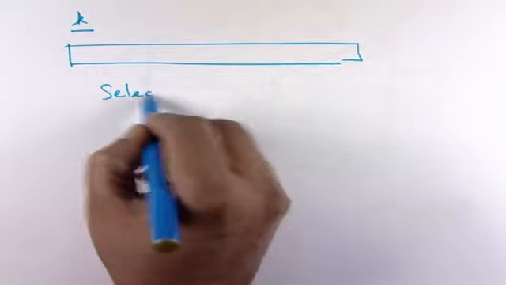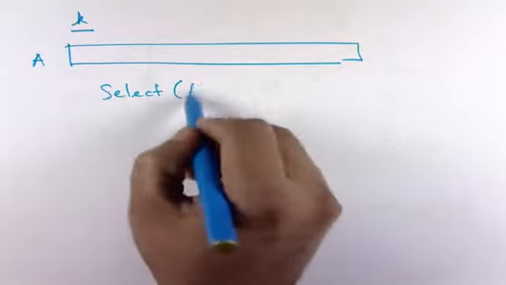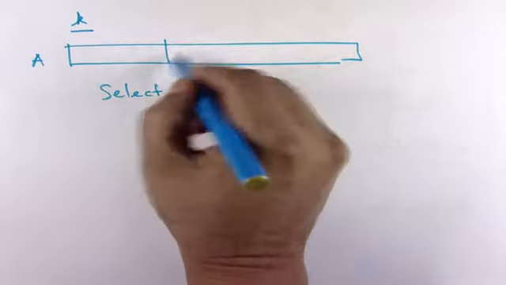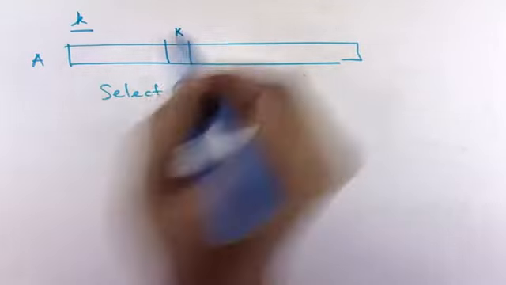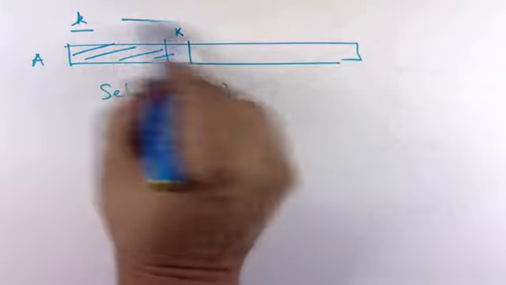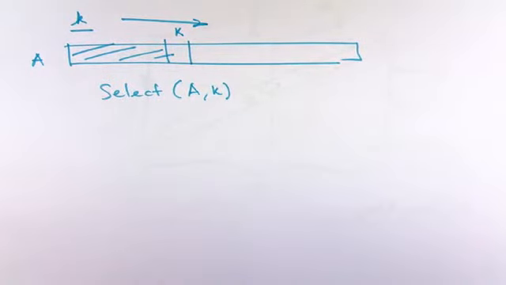I will use the select algorithm, which we did, which finds the kth largest element or kth smallest element from an unsorted array in linear time. So we have that here. This is the kth position, and this is the part of the array that needs to be sorted.